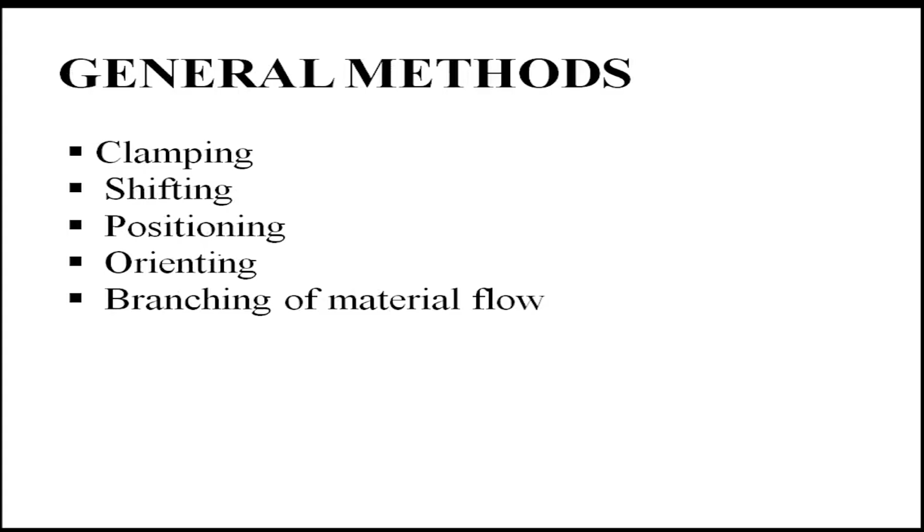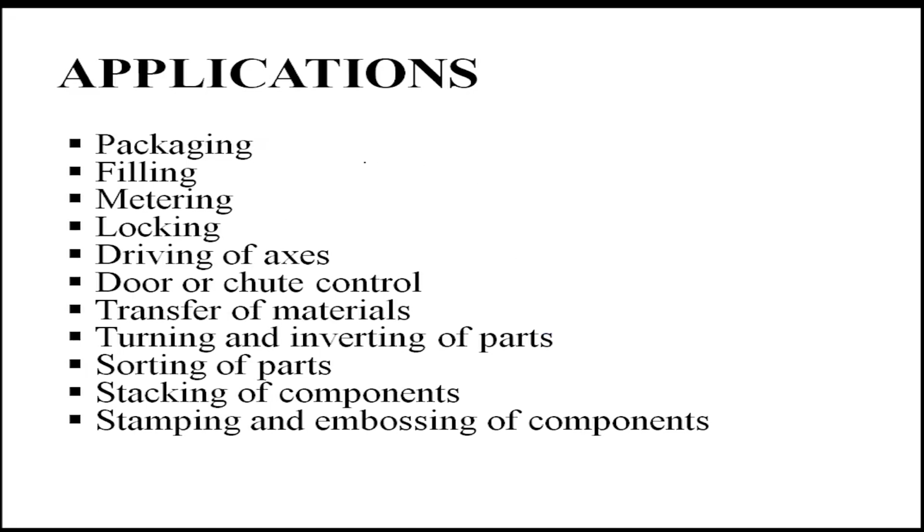Next, coming to the general methods in pneumatics. Here we have clamping, shifting, positioning, orienting and branching of material flow. These are some general methods, and where we are using pneumatics means we are using in packaging, filling, metering, locking and driving of access, door or chute control, for example like bus doors, train doors, anything.